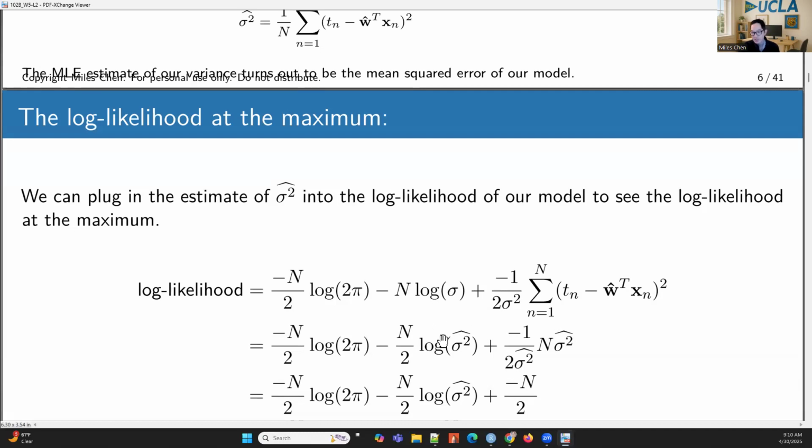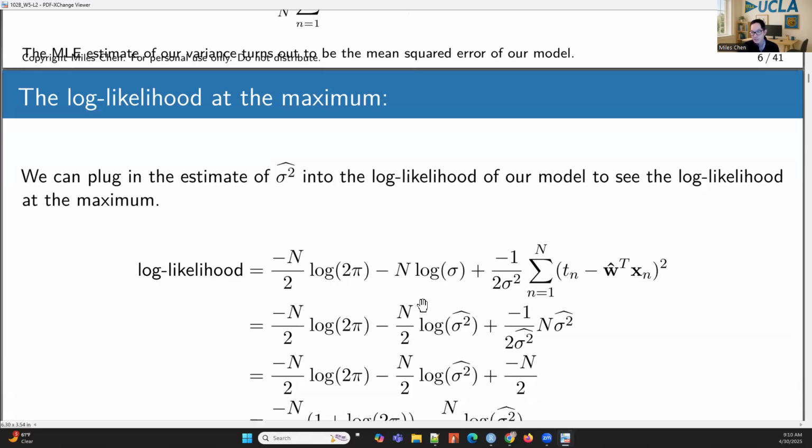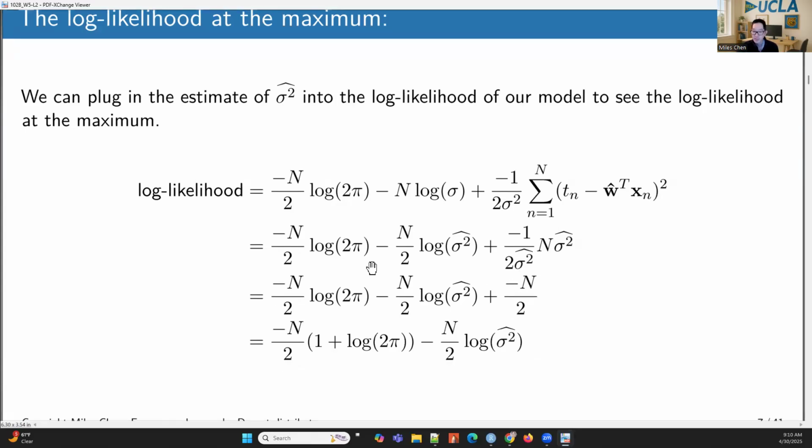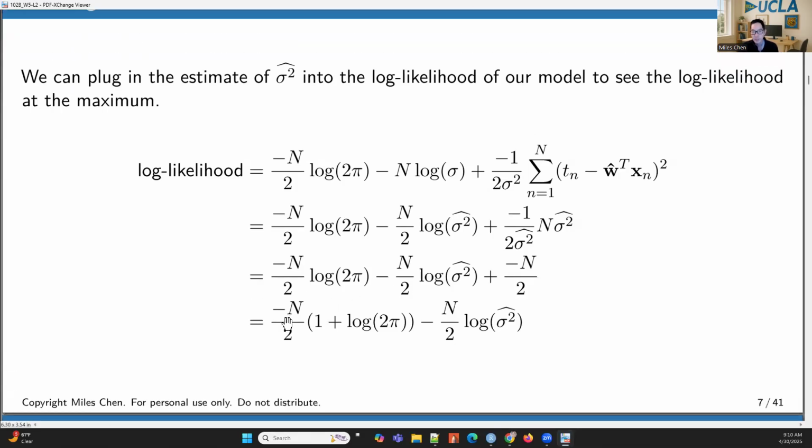Replacing this is equivalent to doing 1/2 of the log there. That's how we go from n log sigma to n over 2 log sigma squared. Because we've got our estimates of sigma squared here, they cancel out. I can rearrange and combine terms, and this is going to be our log likelihood.